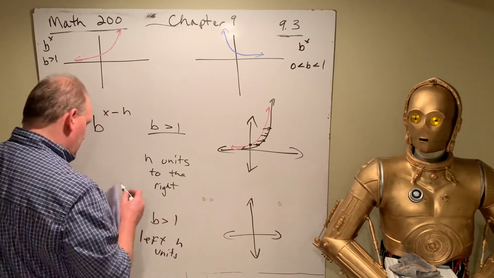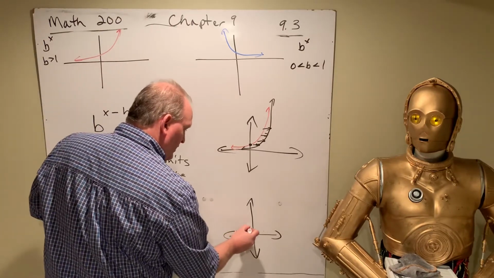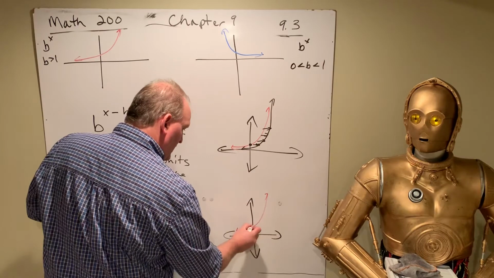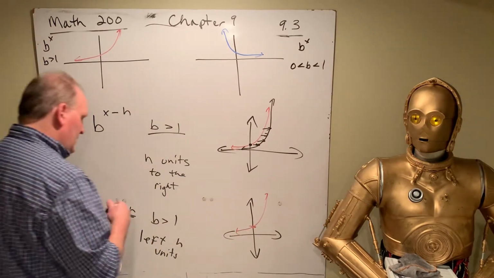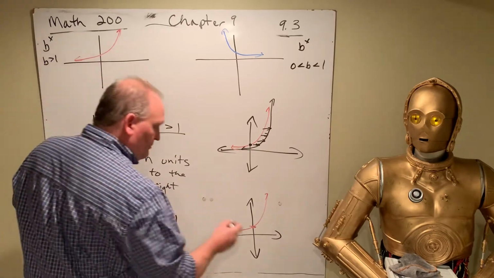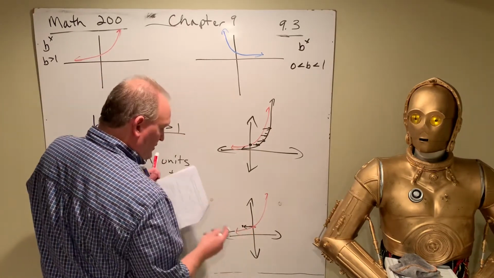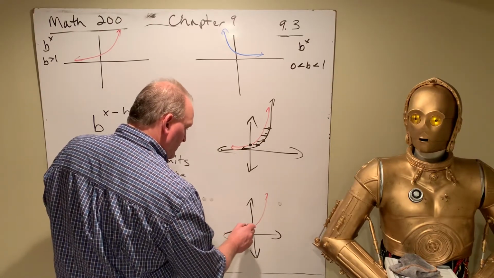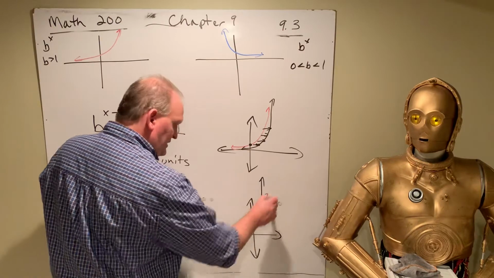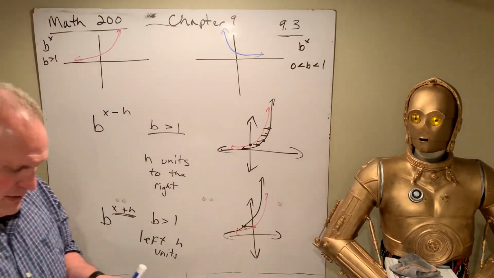And so again, we'll draw the original, the parent graph, if you will, exponential growth. Here we are at 0, 1. And then let's say h was +1. +1 would take that and move it there. And so the whole curve would move 1 over. It would be the same steepness, it's just slid over one unit.